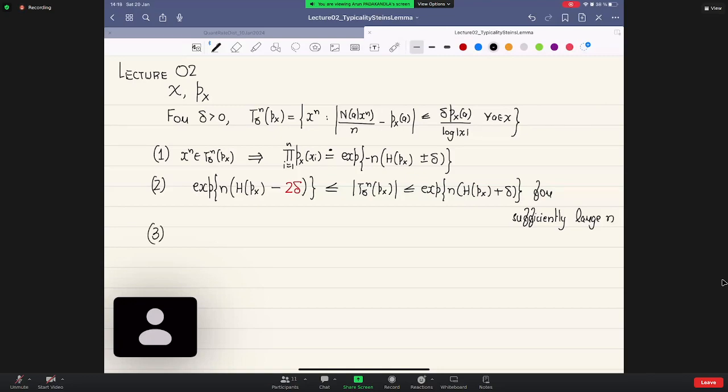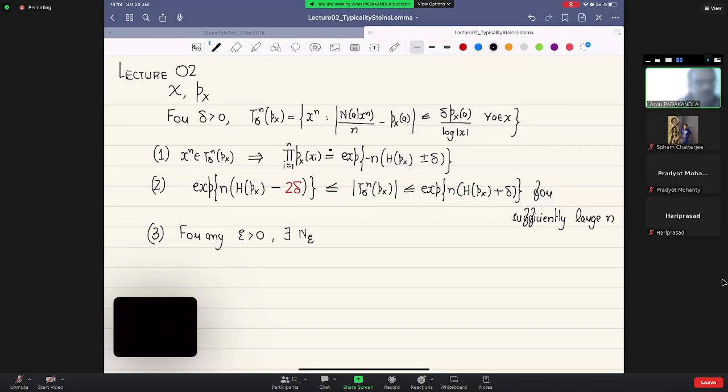3, for any epsilon greater than 0, some small error probability, I'll call epsilon error probability, there exists a large enough n. I mean, you have to wait long enough.